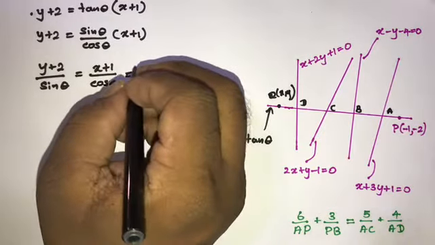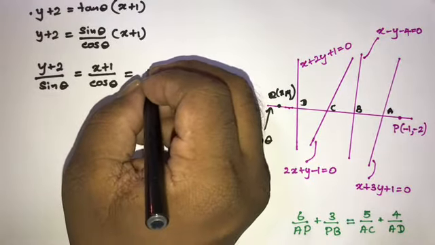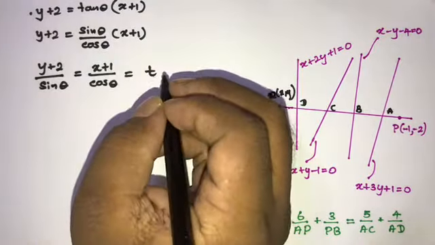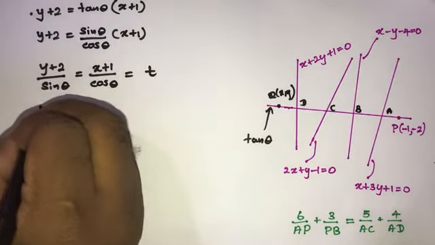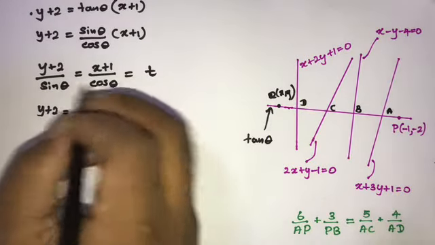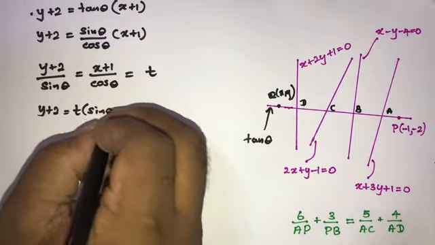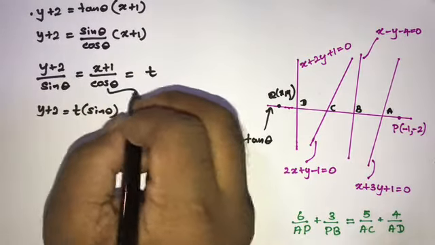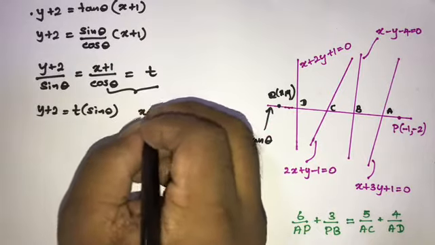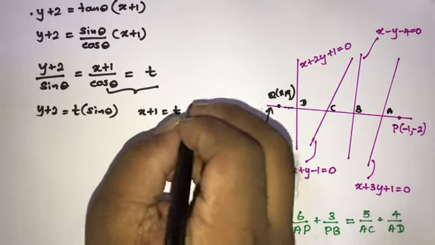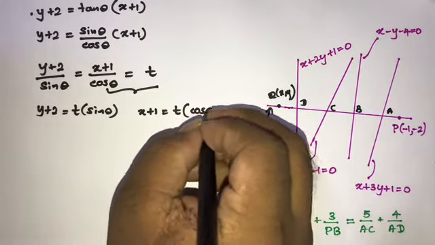So we can set this equal to a parameter t. Now we can write y plus 2 is equal to t times sine of theta, and x plus 1 is equal to t times cosine of theta.